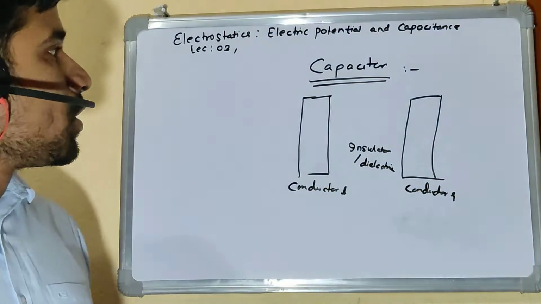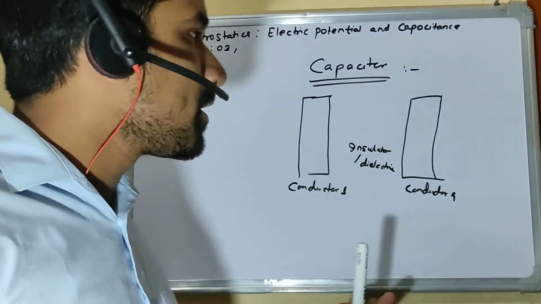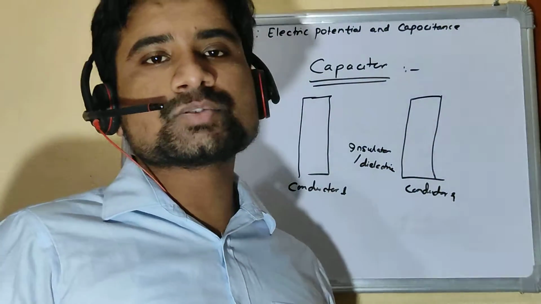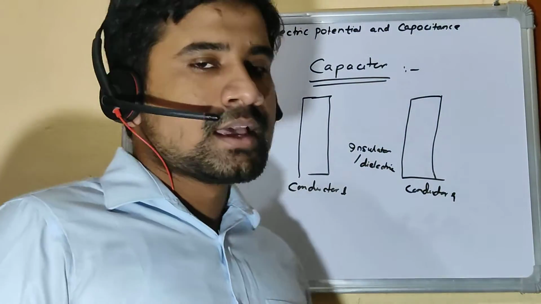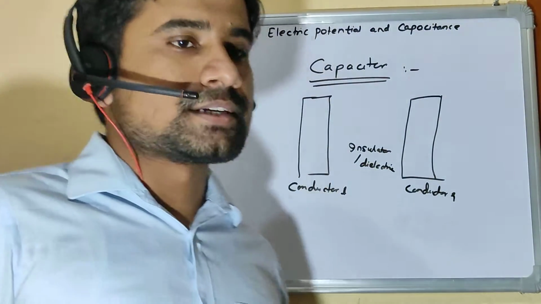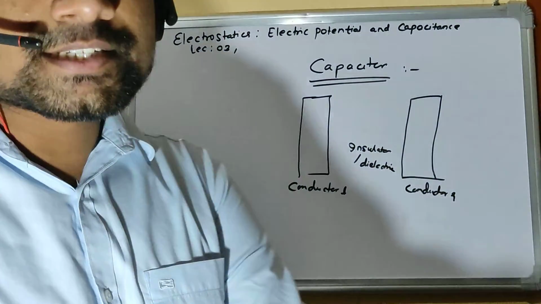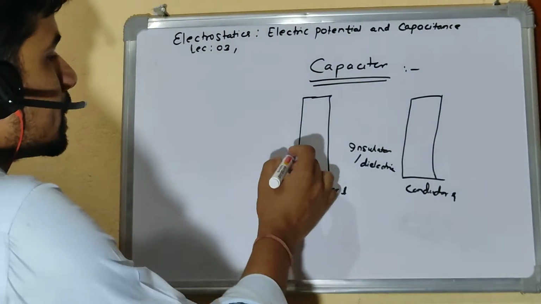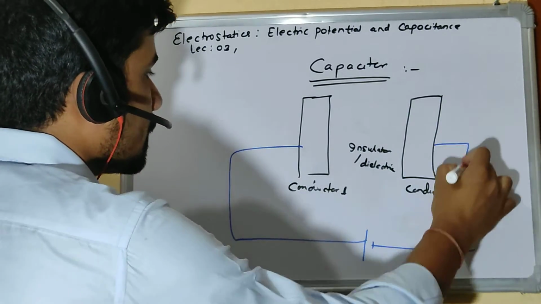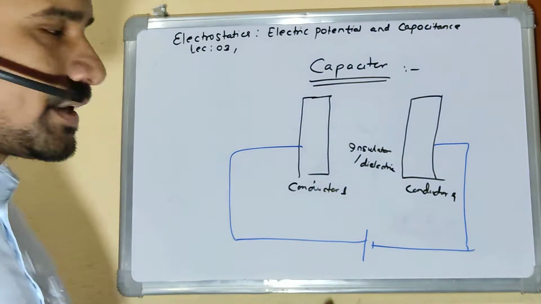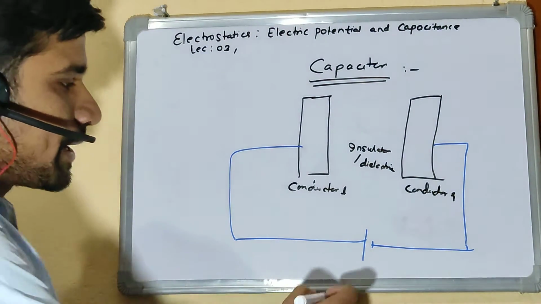Now, before dealing with what is capacitance, the first property of this capacitor is that it is used to store charges. Now how can it store charge? Let's say I connect this system of conductors to a battery. The battery has two terminals.